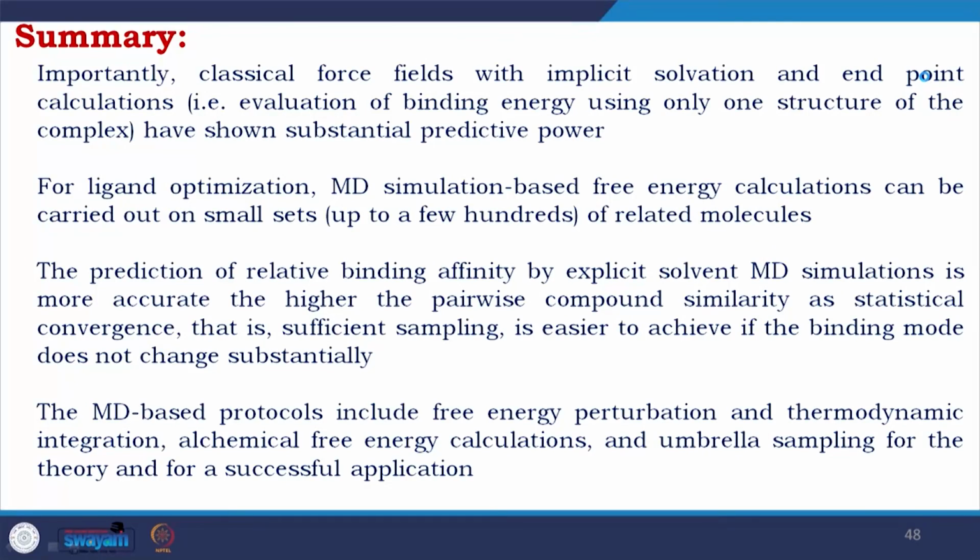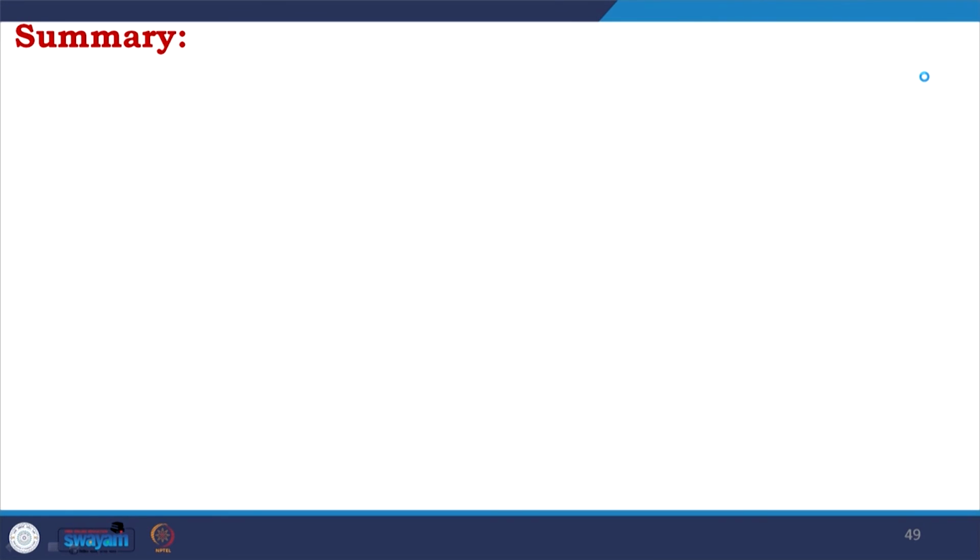If it is very flexible, if after binding even it is not stable, then it is a problem, otherwise it is totally good. The MD based protocols include free energy perturbation FEP and thermodynamic integration TI, alchemical free energy calculation, umbrella sampling for the theory and for successful application.